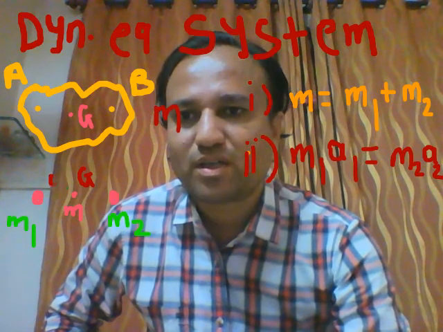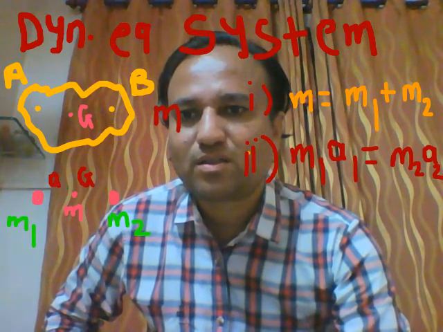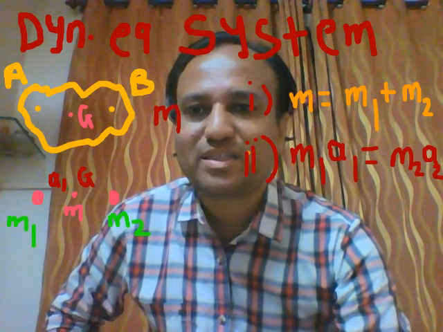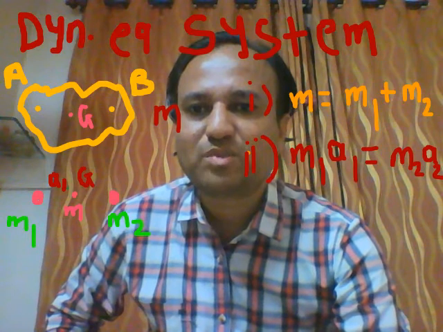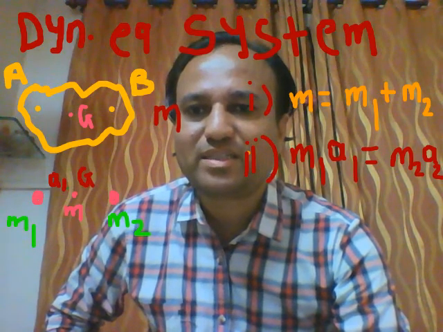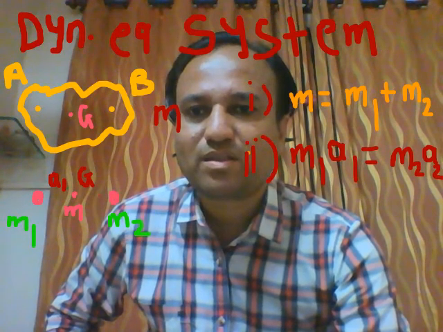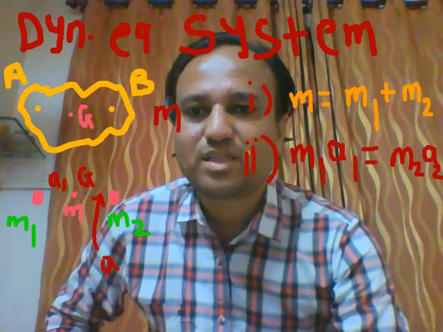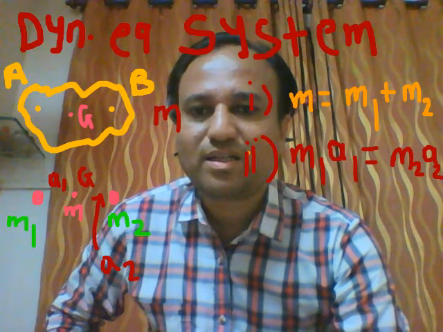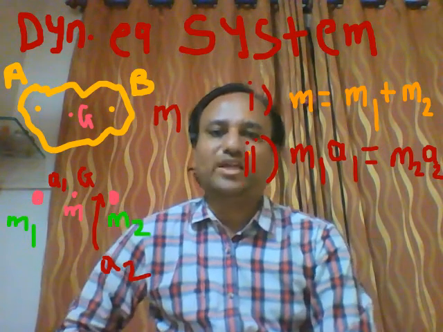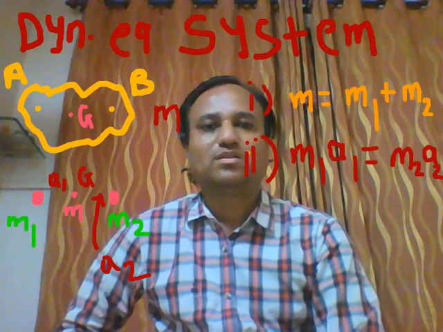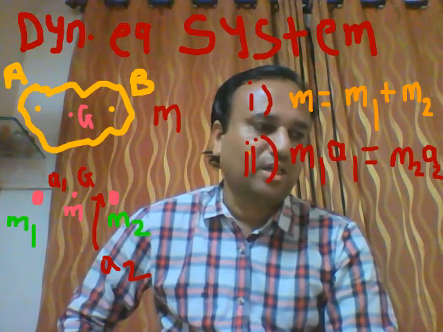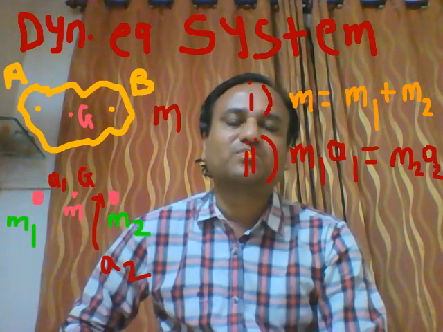So here I will write down that the distance between the first mass and Cg is a1, and the distance between the second mass and Cg, this distance, let it be a2. So m1 a1 is equal to m2 a2 is the second condition.